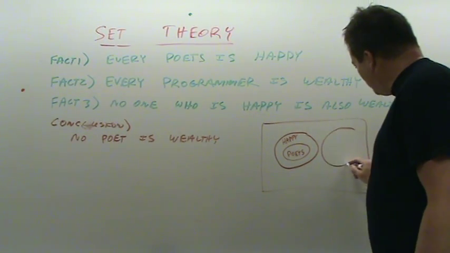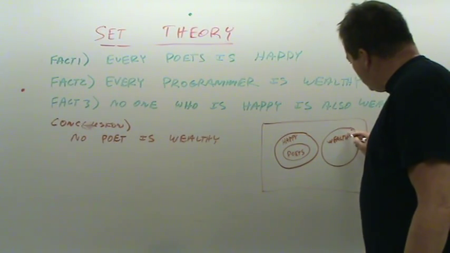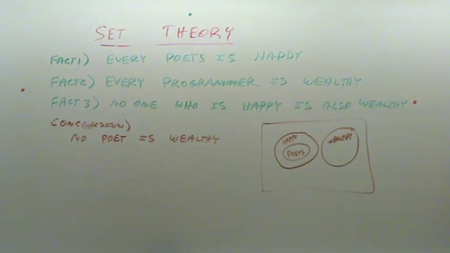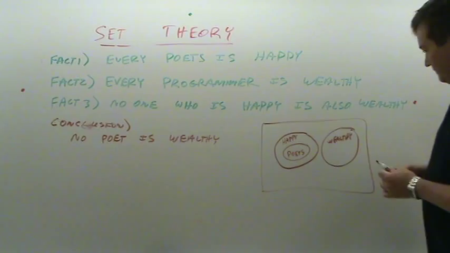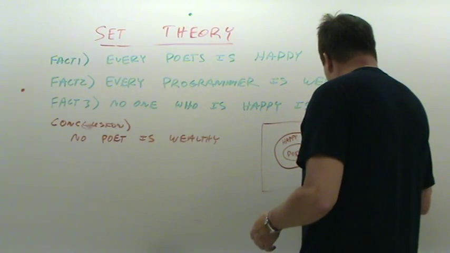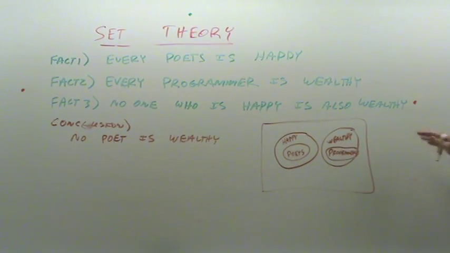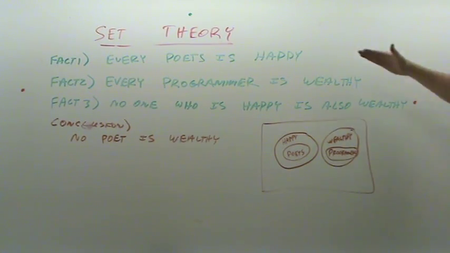So wealthy would be over here, and every programmer is wealthy puts programmers in this set, a subset of wealthy, and happy and wealthy are separate. So the statement, no poet is wealthy, follows from these three facts.